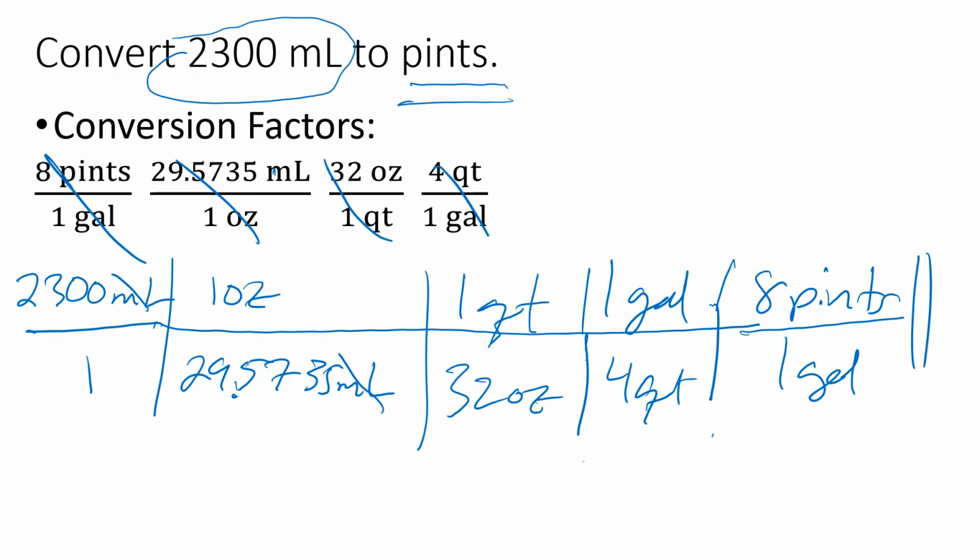This equals, see, 2,300 times 8 for my numerator, 18,400, divided by, so I'll put my denominator, 29.5735 times 32 times 4. My denominator is this.